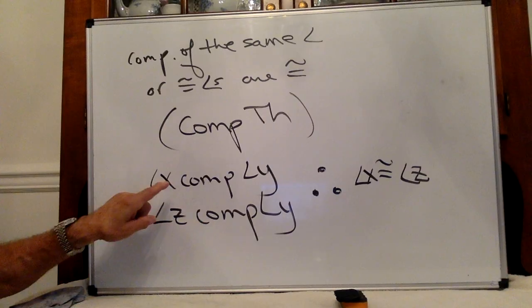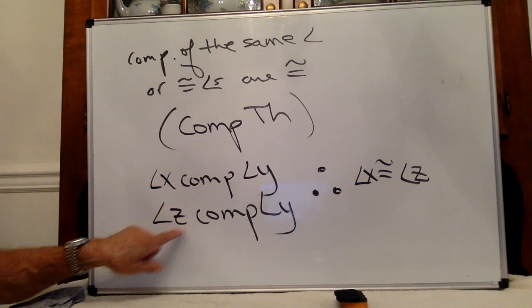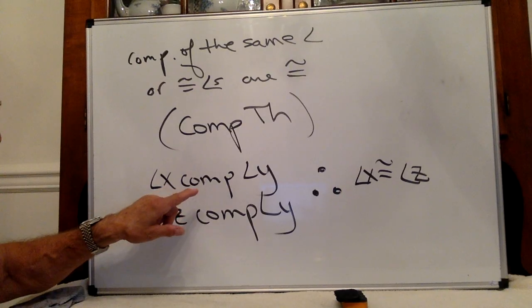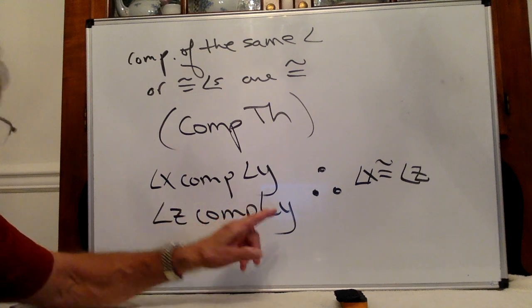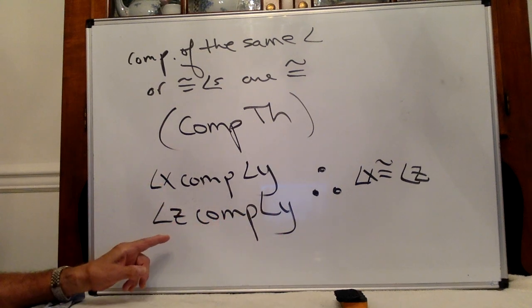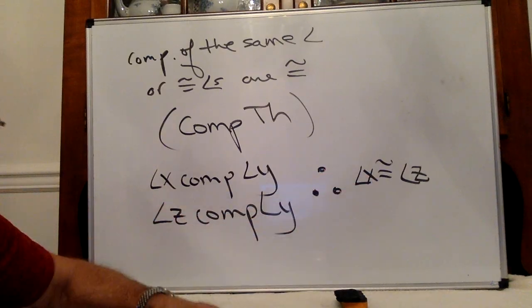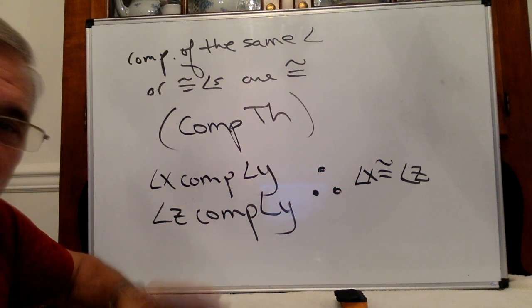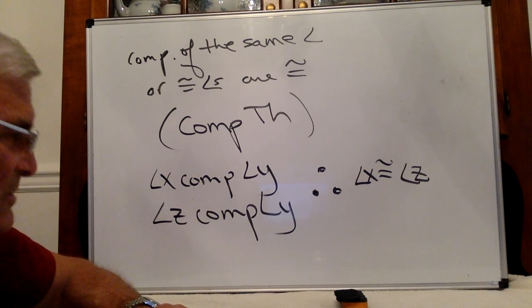Plug in numbers. 30 is the complement of 60. X is the complement of 60. Z is the complement of 60. That means X and Z both have to be 30. They're congruent. Complements of the same angle or congruent angles have to be congruent also. Complement theorem.